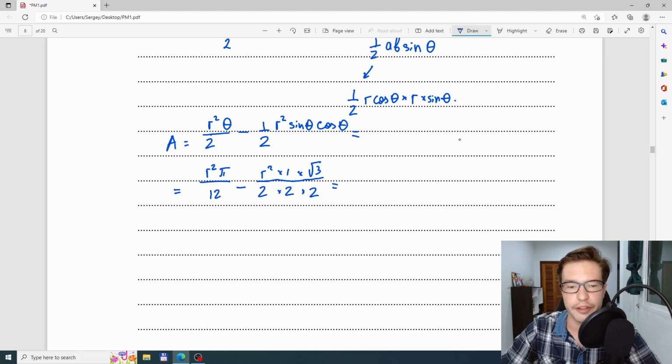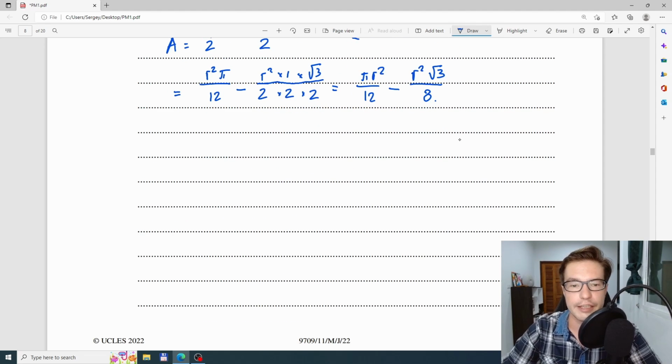And now let's simplify this. So that's pi r squared over 12 minus r squared root 3 over 8. And I can state this as the answer. Pi r squared over 12 minus r squared root 3 over 8. You can factor out r squared if you feel like doing this.